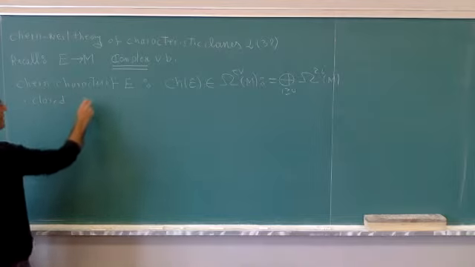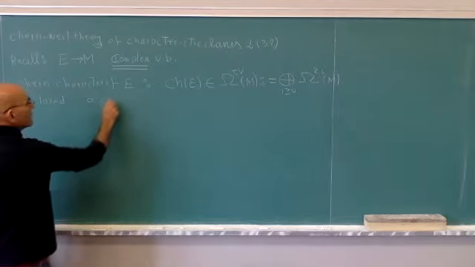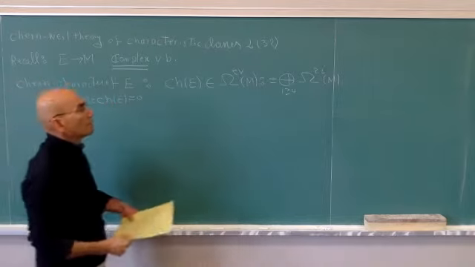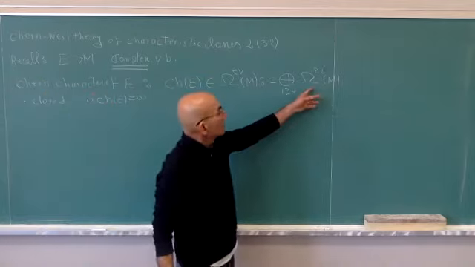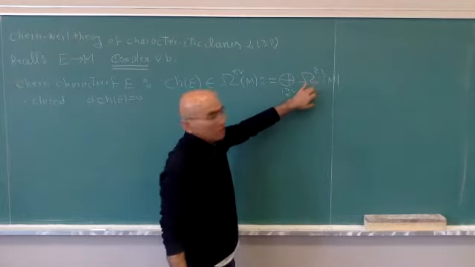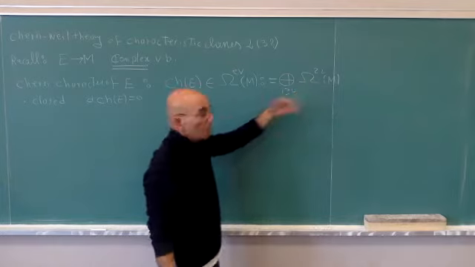We checked this part, d of CH E is equal to 0. Because this is not a homogeneous element, it's a direct sum of all even forms, each of those forms is closed. That's what it means.